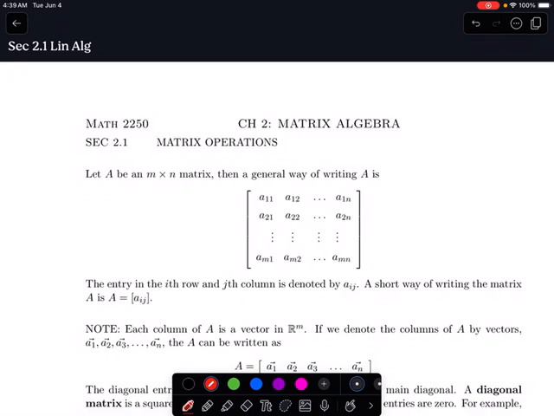Section 2.1, Matrix Operations. So let A be an m by n matrix. Then a general way of writing A is as shown here. So this is the matrix A. Now you recall that matrices are represented by uppercase letters.